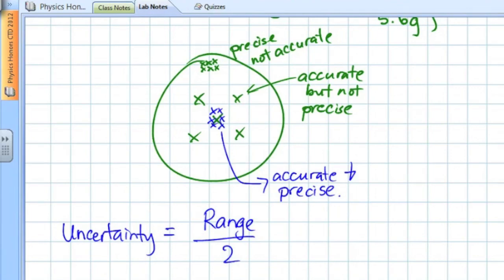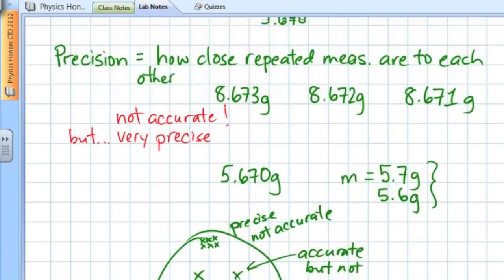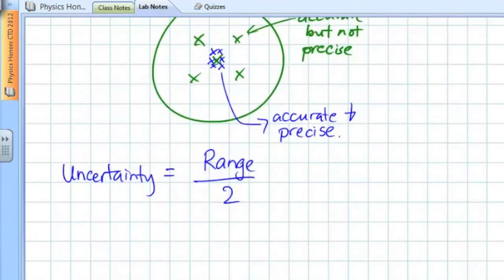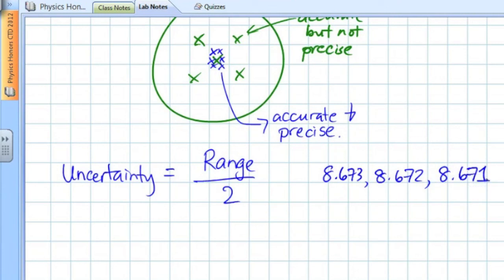So as an example, let's say I go back to my 3 precision measurements. Okay, so I have 8.673, 8.672, and 8.671. Okay, if I look at the range of that data, the largest is 8.673.